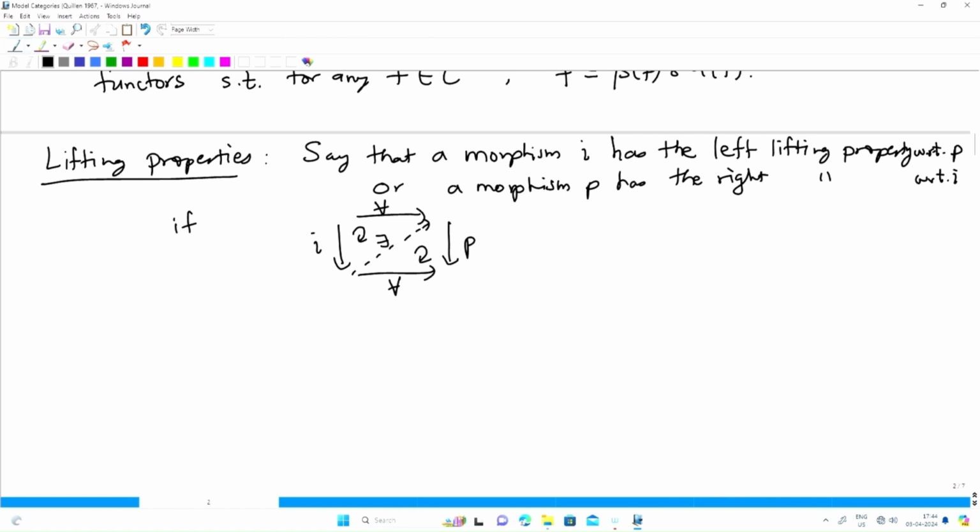I am not even writing the objects now, you can understand what I am saying.